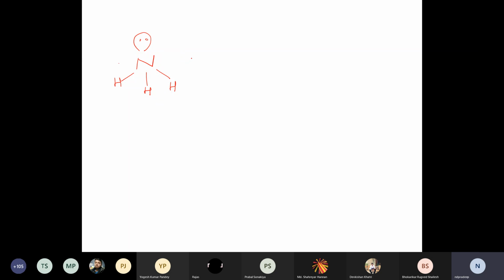I will let you know the story. Is this molecule chiral according to the earlier definition? The earlier definition says that it should have 4 different substituents. So according to that, it is not chiral.